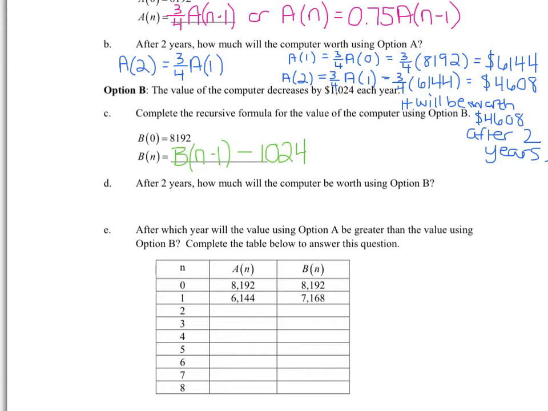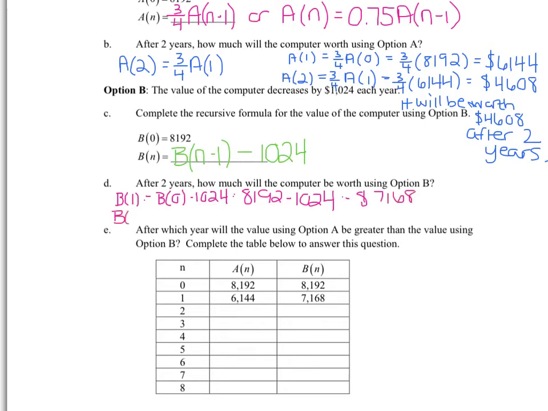After 2 years, how much will the computer be worth using option B? So we started with B of 0. Next we have to find B of 1, which is B of 0 minus 1,024. So that's 8,192 minus 1,024, and if we subtract that, we get $7,168.